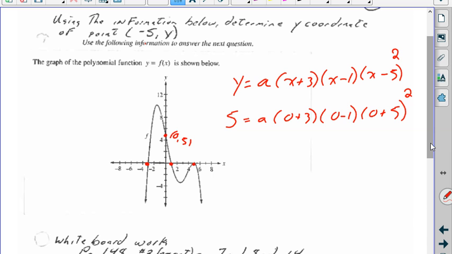Okay, so you take your y-intercept, your other point, and plug your values in: 5 for y, 0 for x.